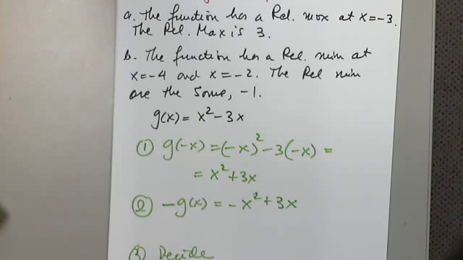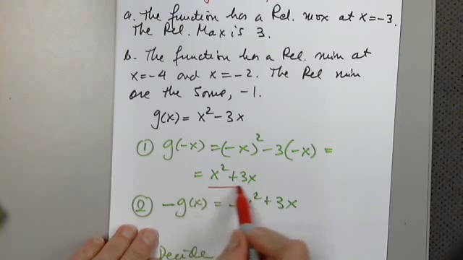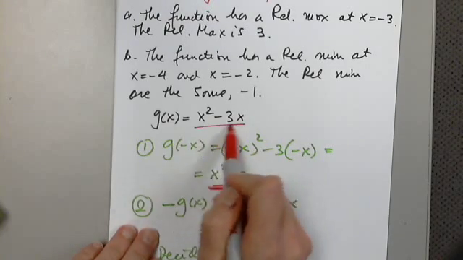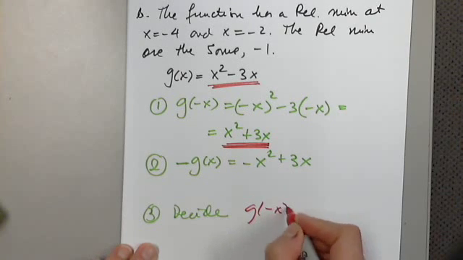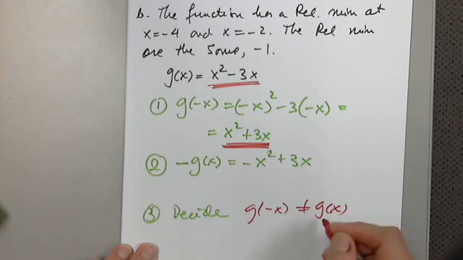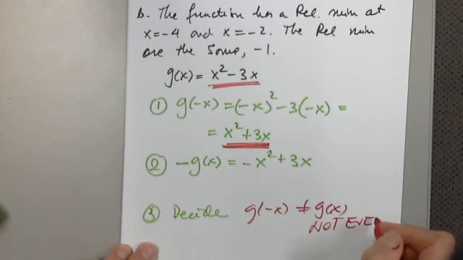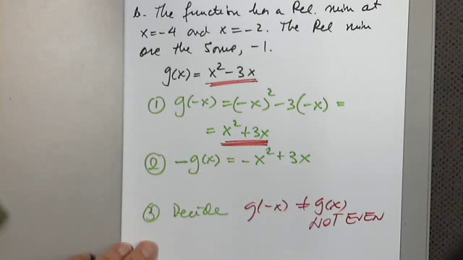Good. Okay, now I'm making a decision. First question I have is this. Does this equal this? No. So I will write g of -x does not equal g of x. Not even. Second question.